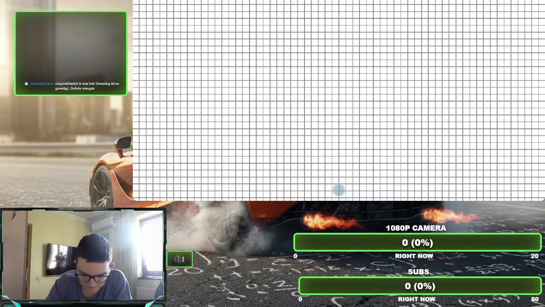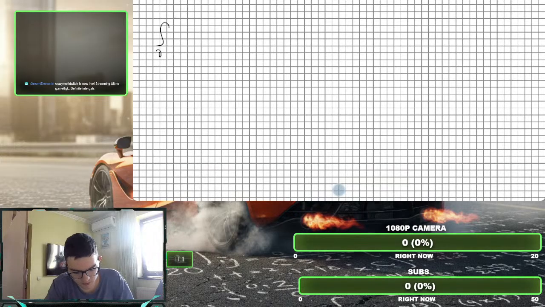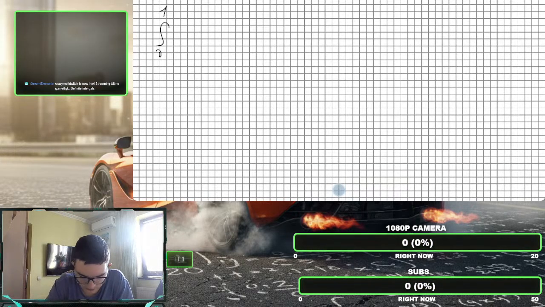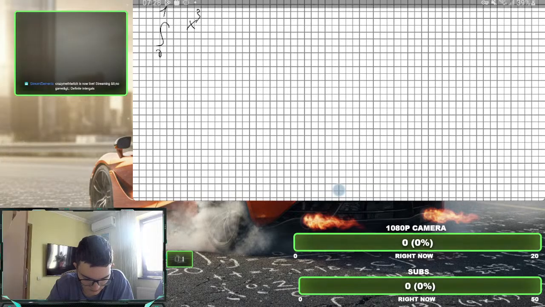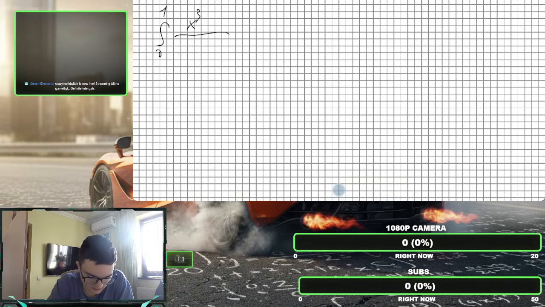I'll have integral from 0 till 1, and that is x to the 4th power divided by x to the 4th power plus 1 dx.